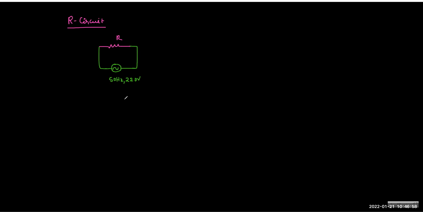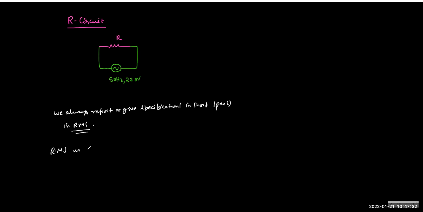So by default, whatever we report is RMS. And RMS, as I have proved, is the DC equivalent of AC.